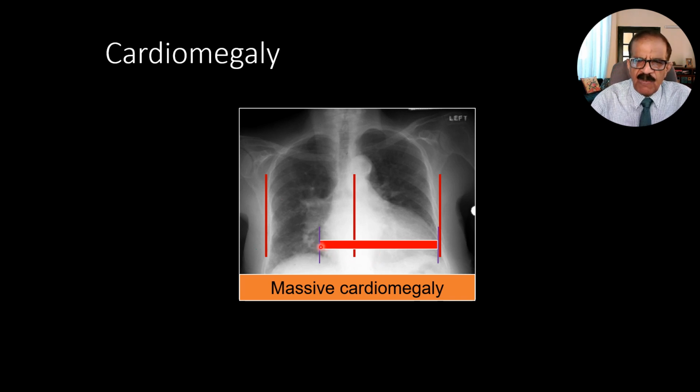So maximum transverse cardiac diameter should be less than half of the maximum internal thoracic diameter. So in that case, this should be less than this. It should end before this line. In this case, it is clearly more than half. So it is very, very obvious and massive cardiomegaly.